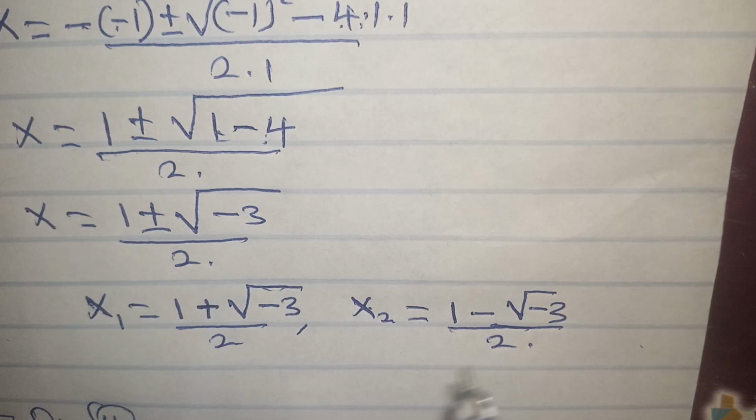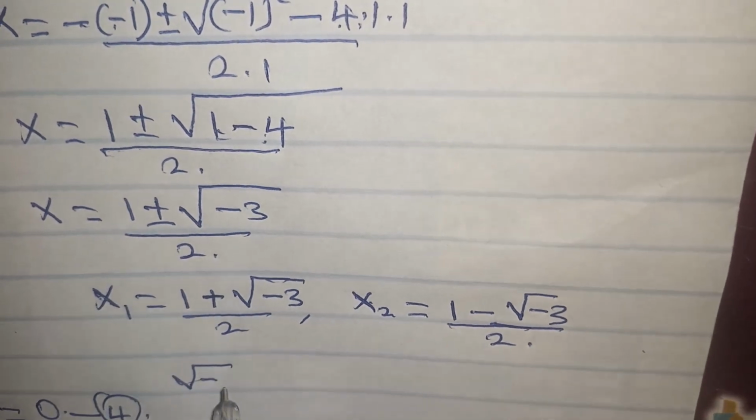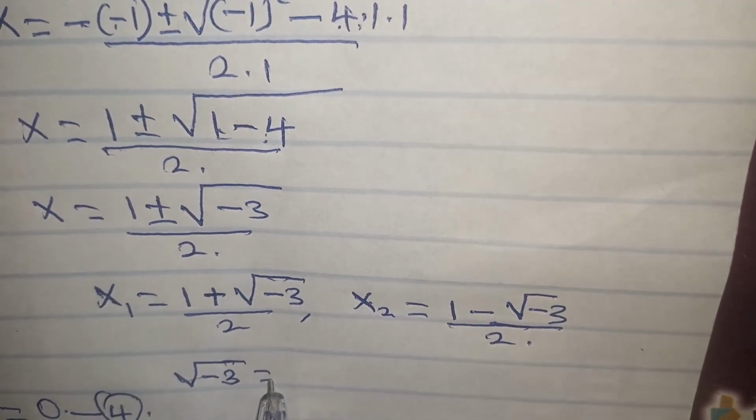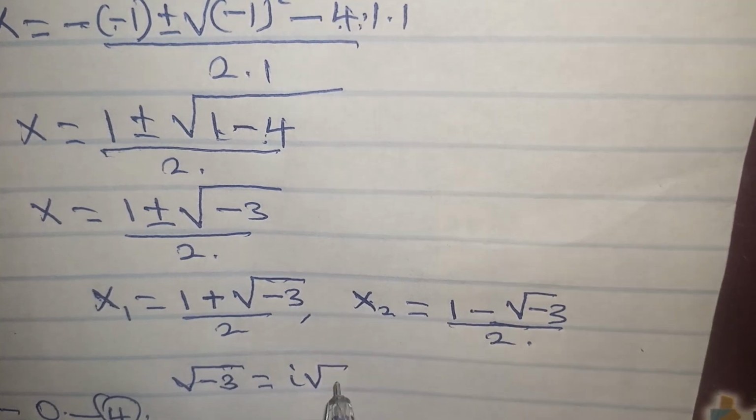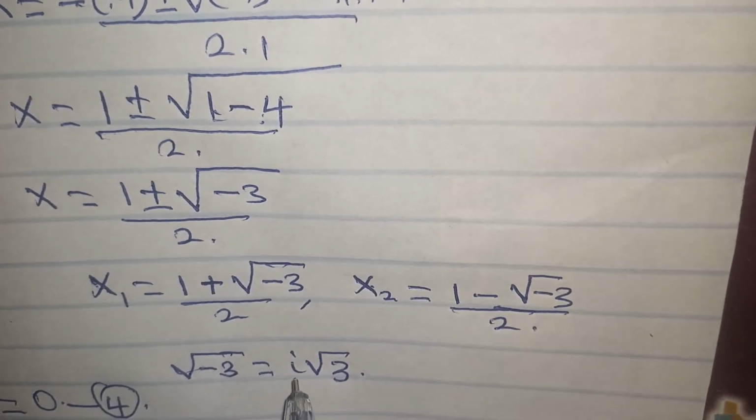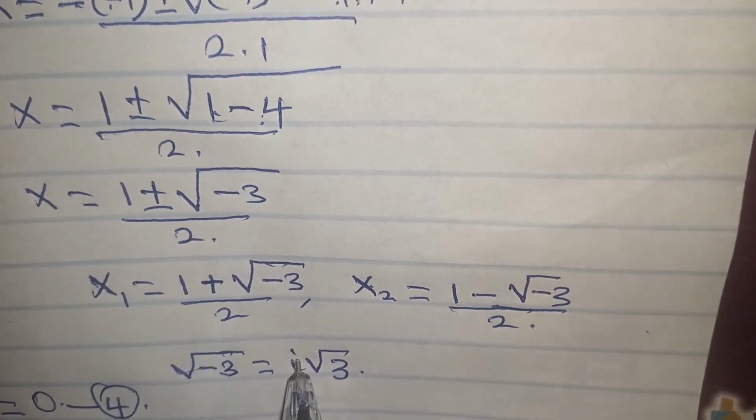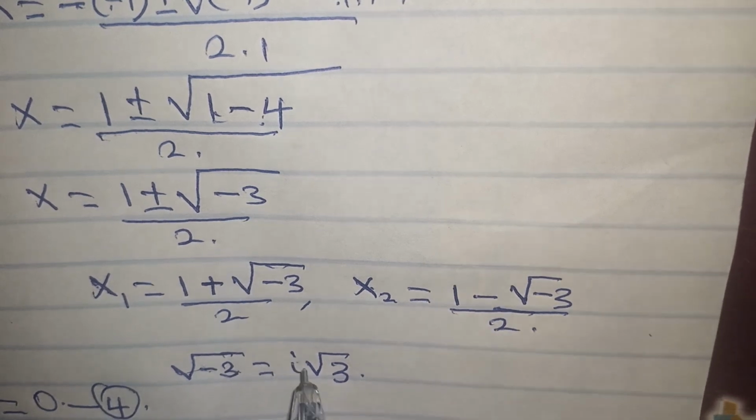So from here, the root of minus 3 is equal to i root 3, where i represents your imaginary number. Wherever we see the root of minus 3, we put i root 3.